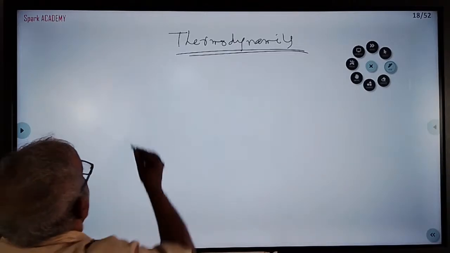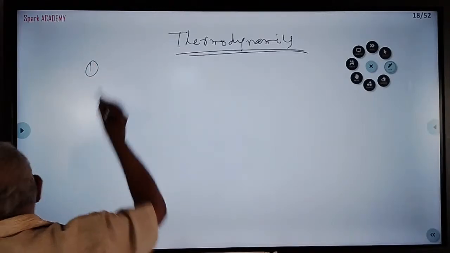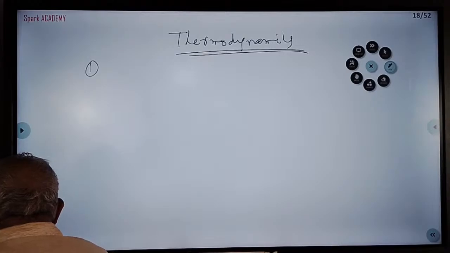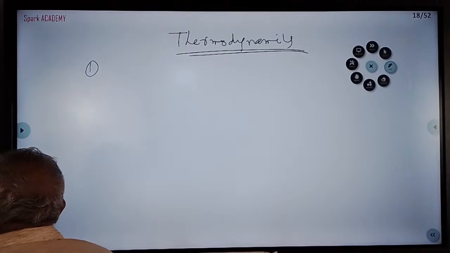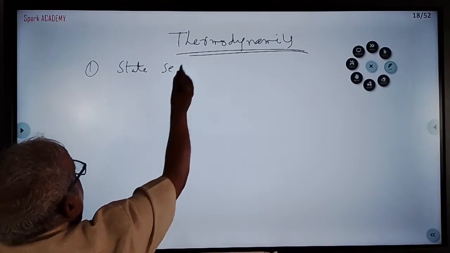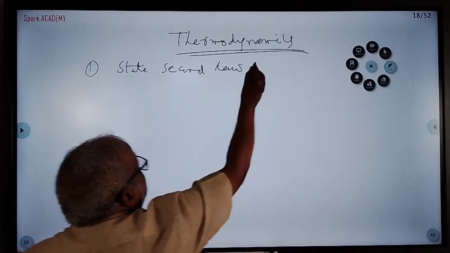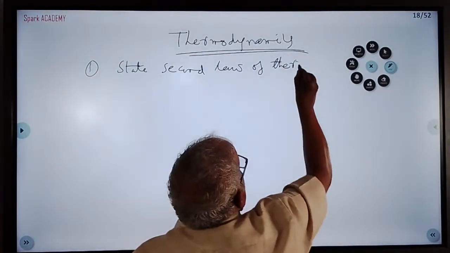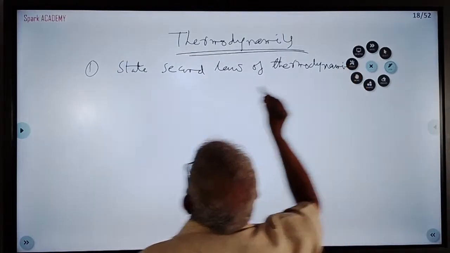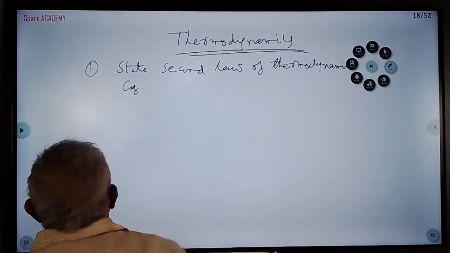What is the first question in thermodynamics? State the Kelvin-Planck statement. State the second law of thermodynamics.